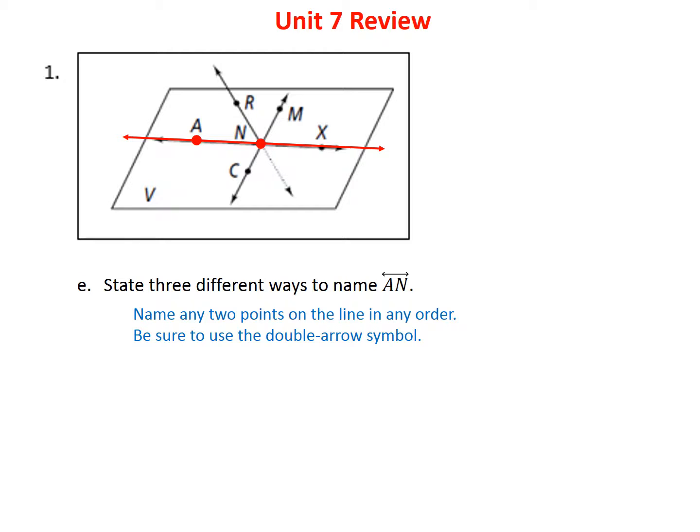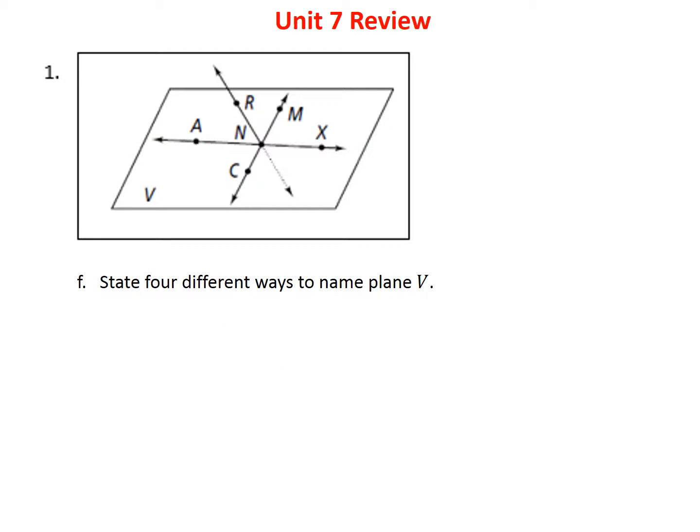For example, there's A, N, and X. Any 2 of those letters I can use. So I could use AX, or I could turn around and say XA. I could also do AN, or turn it around and do NA. And I could finally do NX and XN. So there's 6 possible combinations for naming that particular line.